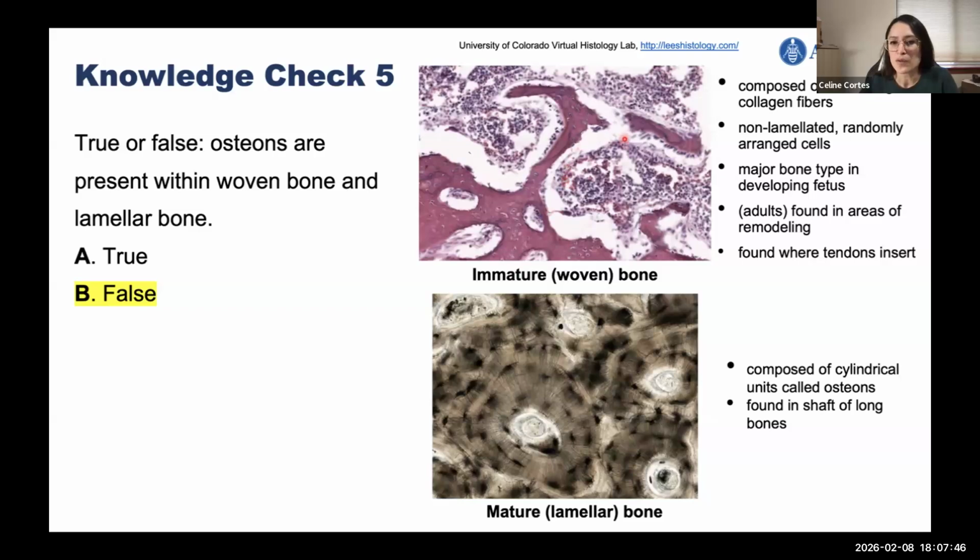This is bone that's typically laid down pretty fast, or found in the developing fetus, or even in adults when bone remodeling occurs as part of normal repair or similar processes. We initially start with woven bone, and that later gets remodeled into mature or lamellar bone.